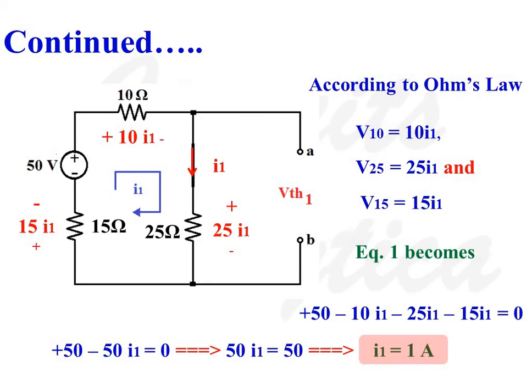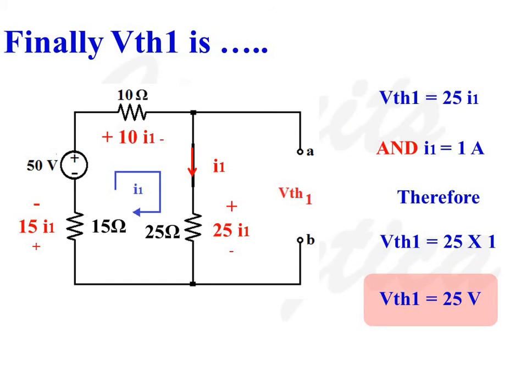So the equation becomes 50 minus 50 I1 is equal to 0, or we get I1 is equal to 1 ampere. Therefore, VTH1 is equal to 25 I1. As I1 is equal to 1 ampere, we get VTH1 is equal to 25 volt.